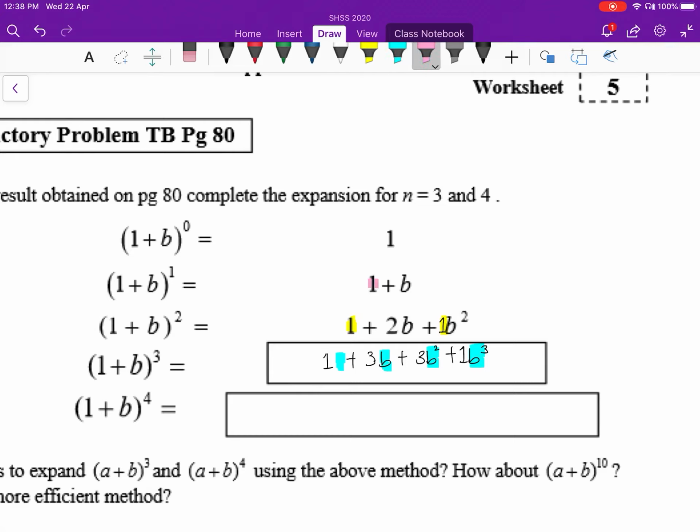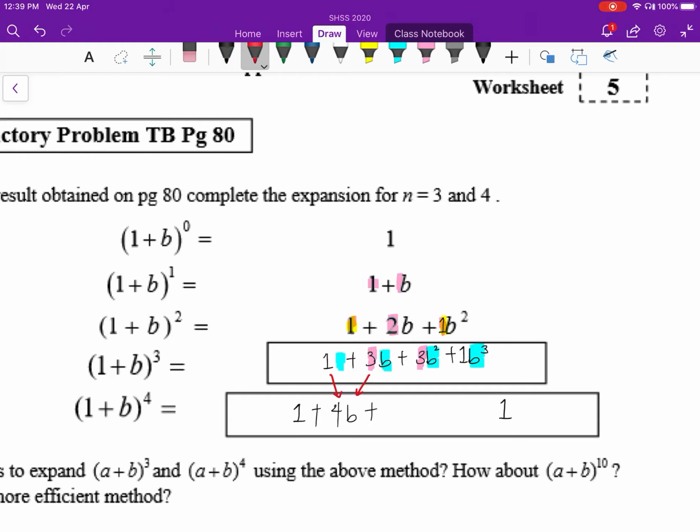And there's one more observation. See, 1 plus 1 gives you 2. 2 plus 1 gives you 3. Right? So, if you notice, it starts with 1 and ends with 1. So you can start with 1 and end with 1. It's going to be plus what? 1 plus 3 is 4, so it's plus 4b.